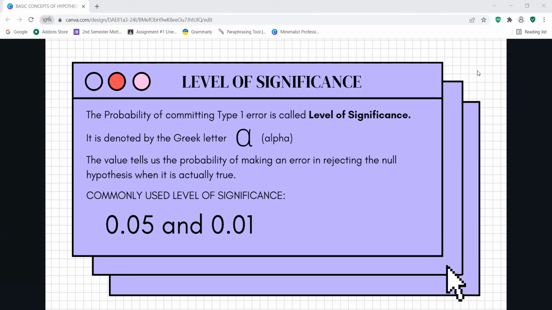The level of significance is denoted by the Greek letter alpha. The value tells us the probability of making an error in rejecting the null hypothesis when it is actually true. So the two commonly used levels of significance are 0.05 and 0.01.